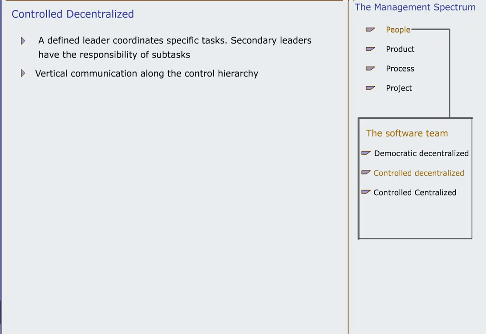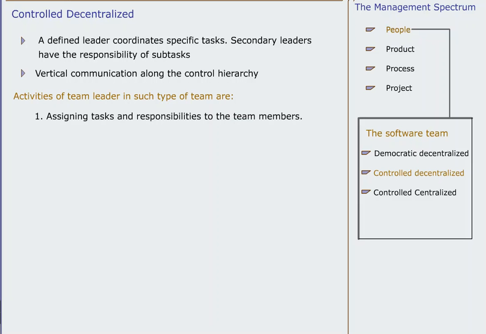Both horizontal and vertical communication takes place in such case. Subgroups communicate horizontally and the secondary leaders communicate with the team leader. Activities of team leader in such type of team are: Number 1.